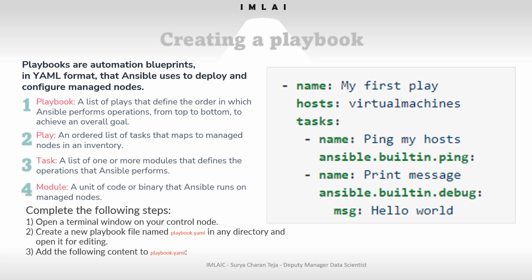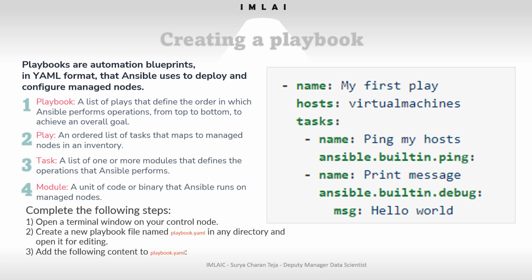We will do the simplest playbook, as well as the difficult one. After that, we have the module. A module is a unit of code or binary that Ansible runs on managed nodes.